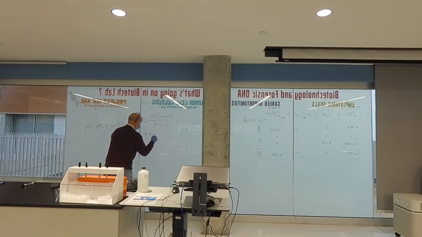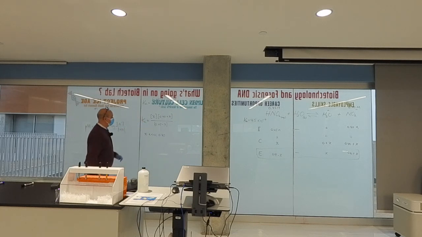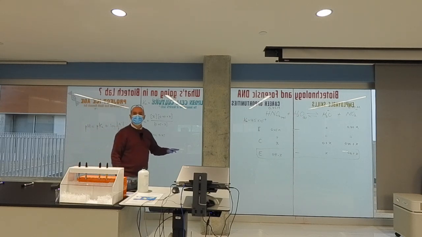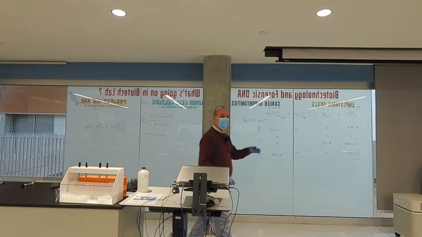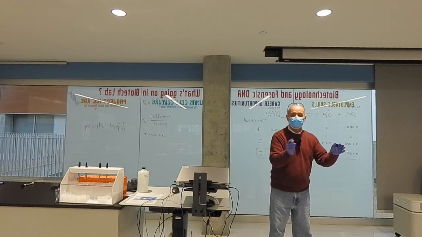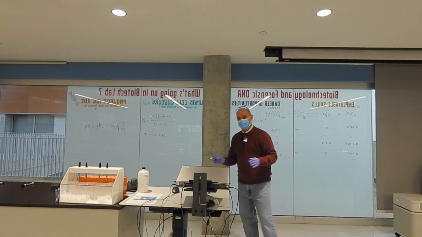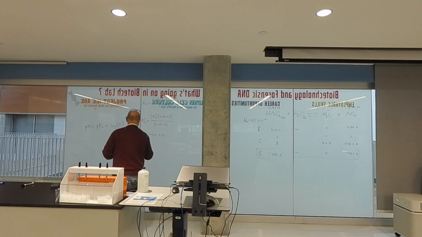So much, much smaller than 0.45. I don't know if it's going to be 0.00002 or 0.00005, but it's going to be much smaller. And we also need to realize that the value of X, whatever it comes to be, is much, much, much smaller than 0.4.